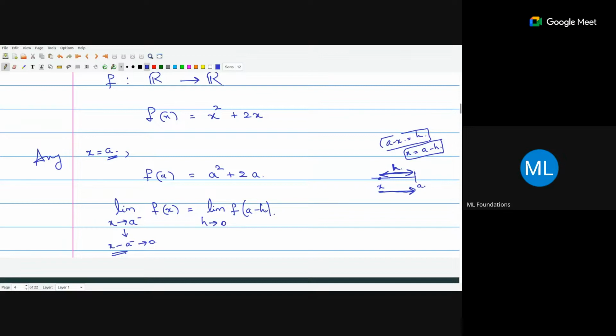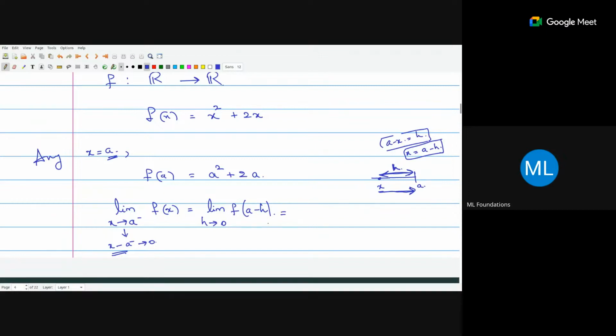You should also understand how that came, not just jump to the formula. Both are equal: limit x tends to a minus f of x and limit h tends to 0 f of a minus h are the same.